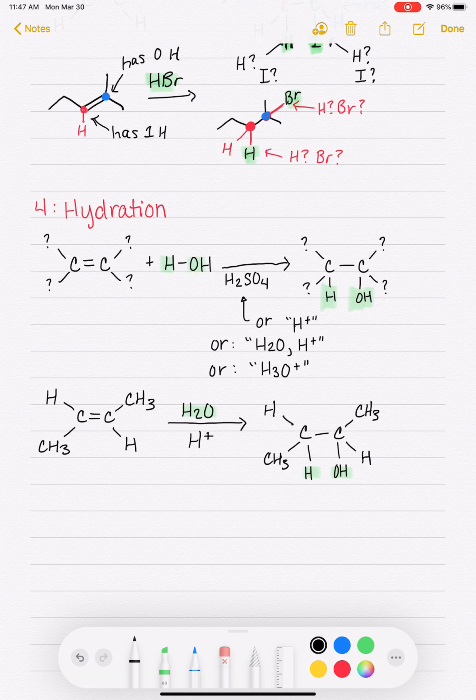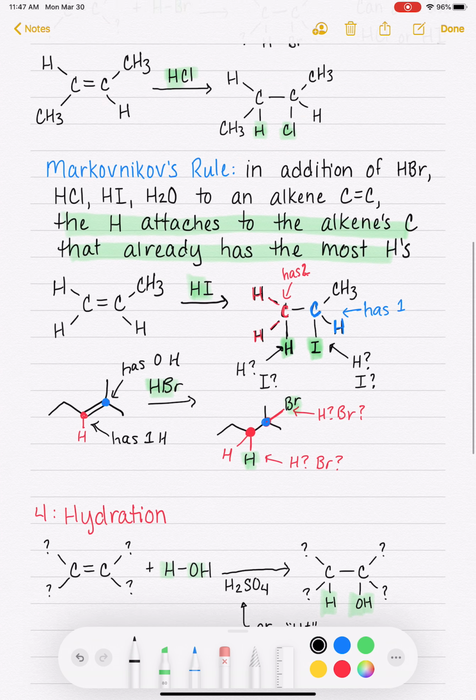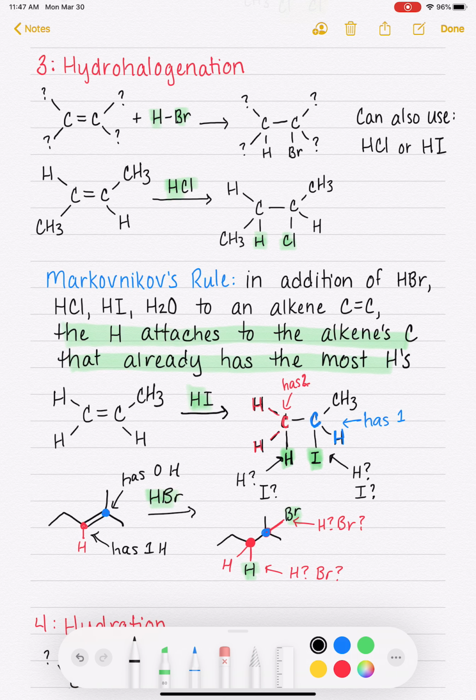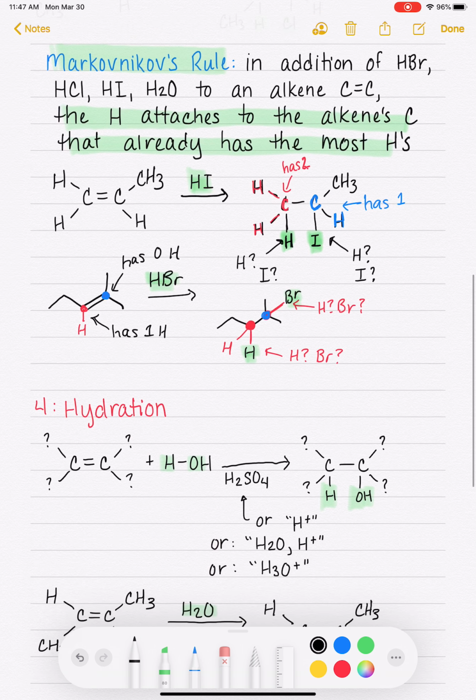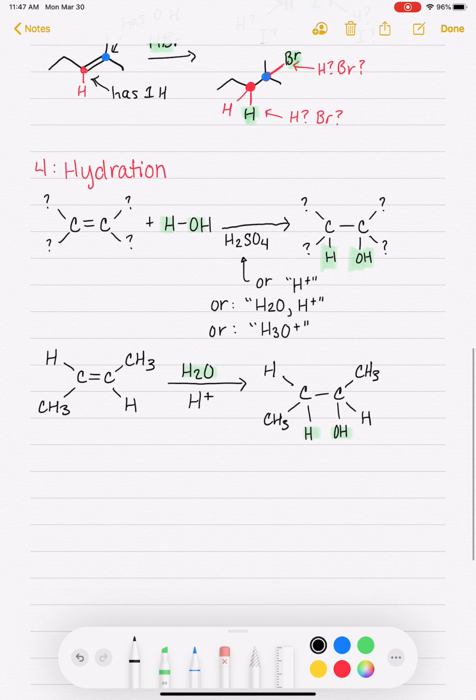This reaction, the hydration reaction, is similar to the hydrohalogenation reaction in that the two things that we are adding, the H and the OH, are two different things. Just like with hydrohalogenation, we added an H and a Br, or an H and a Cl, or an H and an I. And that means that, again, we're going to need to use Markovnikov's rule to help us figure out which carbon gets the H and which carbon gets the OH.